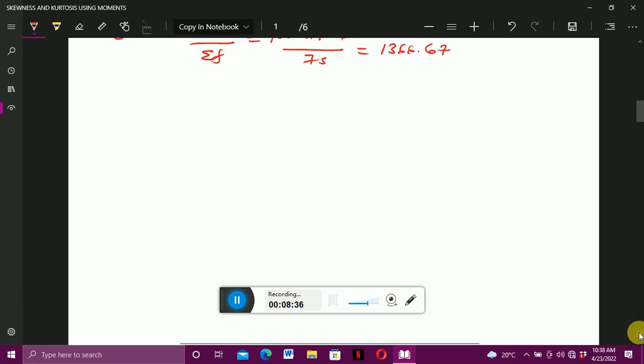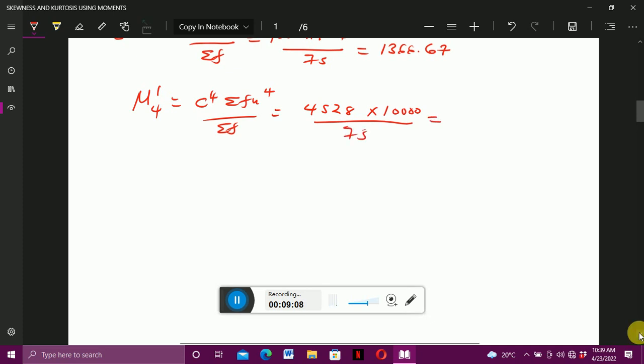1366.67. We get mu4 prime. Mu4 prime is C raised to power 4, sum of FU raised to power 4 over sum of frequencies. This is 4528 multiplied by 10,000, or this divide by 75.